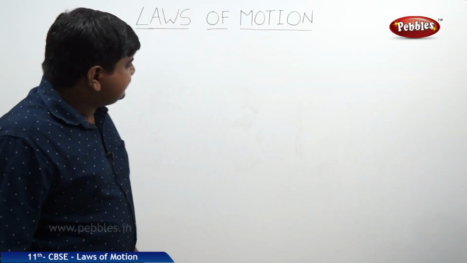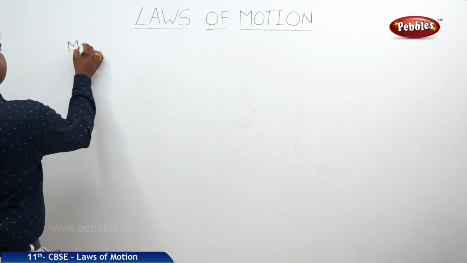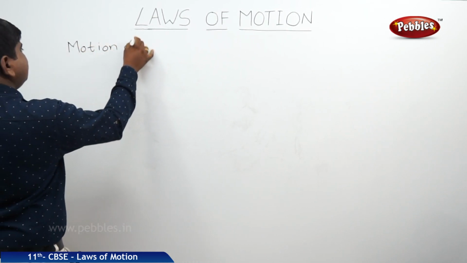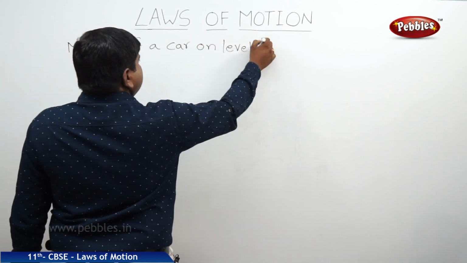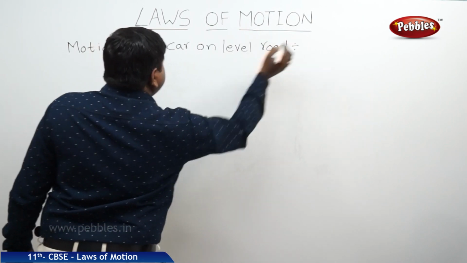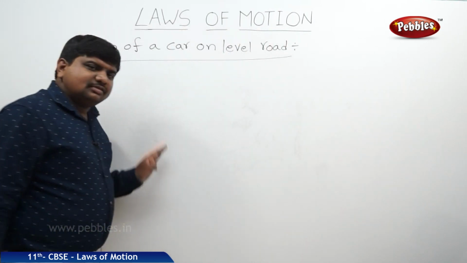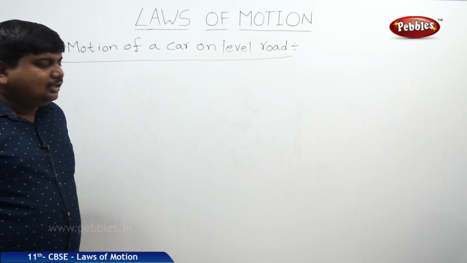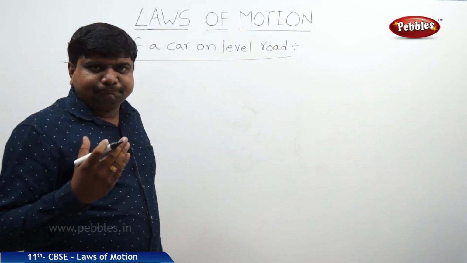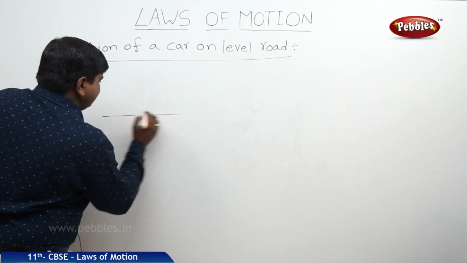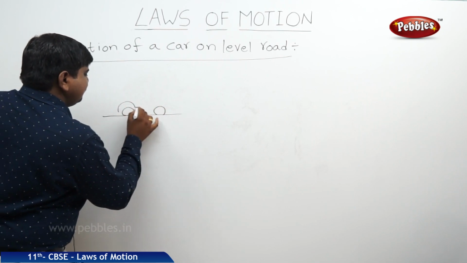The next concept is motion of a car on a level road. Level road means a surface that is horizontal in nature, on which a car with four wheels is moving in a circular path. Whenever a body is moving on a level road, these are the two wheels separated by some distance.